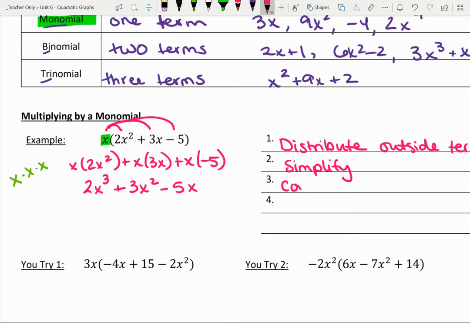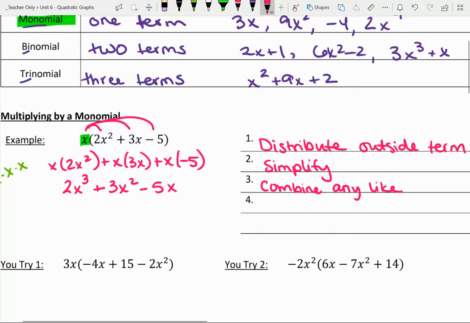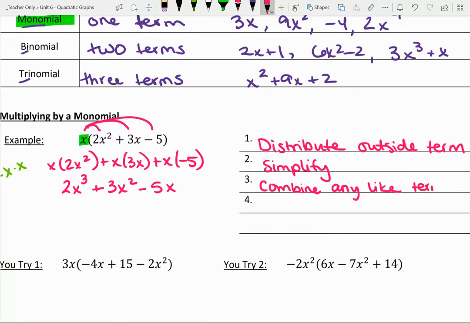Our third step is we combine any like terms, just like with our adding and subtracting. So we actually don't have any like terms here. Remember, those variables have to have the same exponents. Just because we have x's doesn't make them like terms. And then finally, we're going to rewrite in standard form.